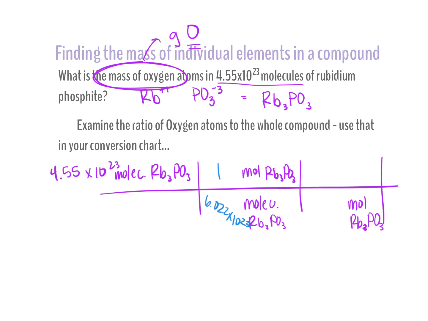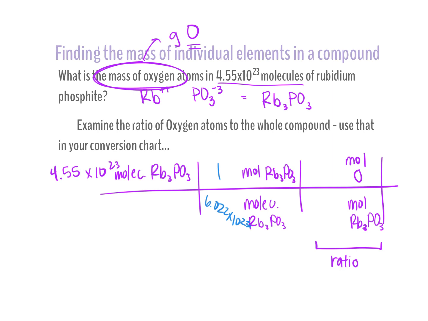I want to get to grams of oxygen, but I can't make a switch in any other unit besides moles. And so this step right here is called the ratio step. And it's where we examine the ratio of moles of my total compound to moles of just oxygen. Okay, this is where we did that comparison.